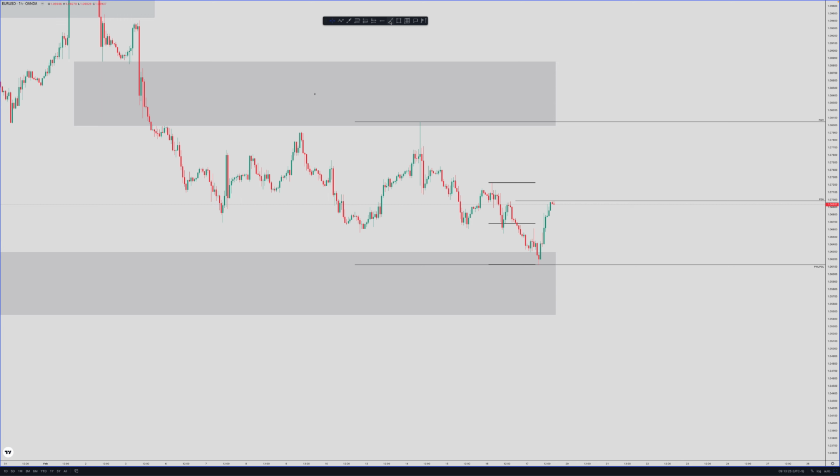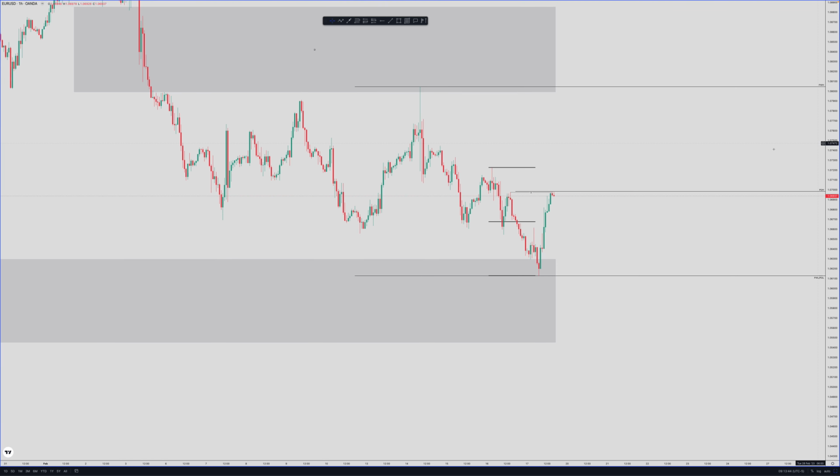So sometimes I like to do this as well to show where the most recent sweeps of liquidity is. So how I'll do that is with a line here, change that to an X. I usually do that after liquidity has been swept.